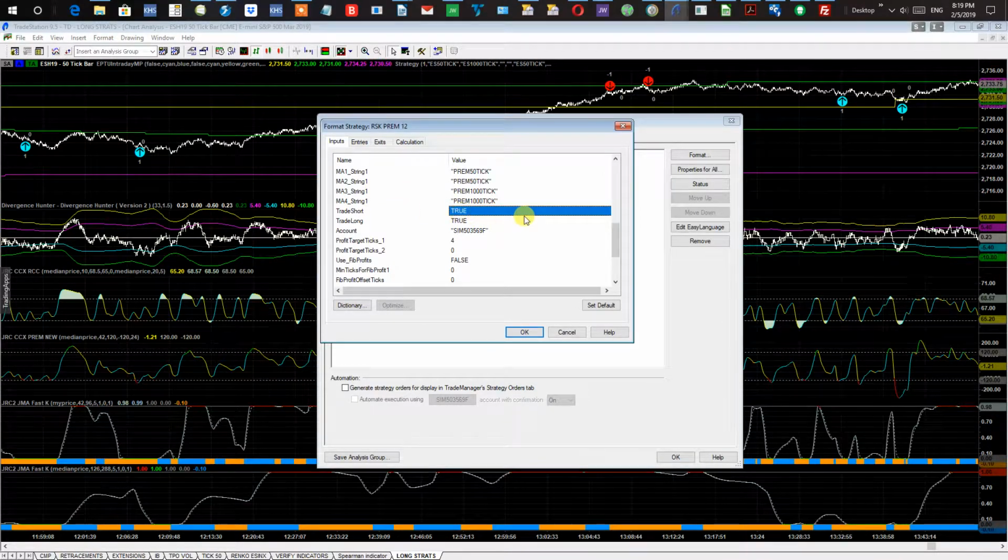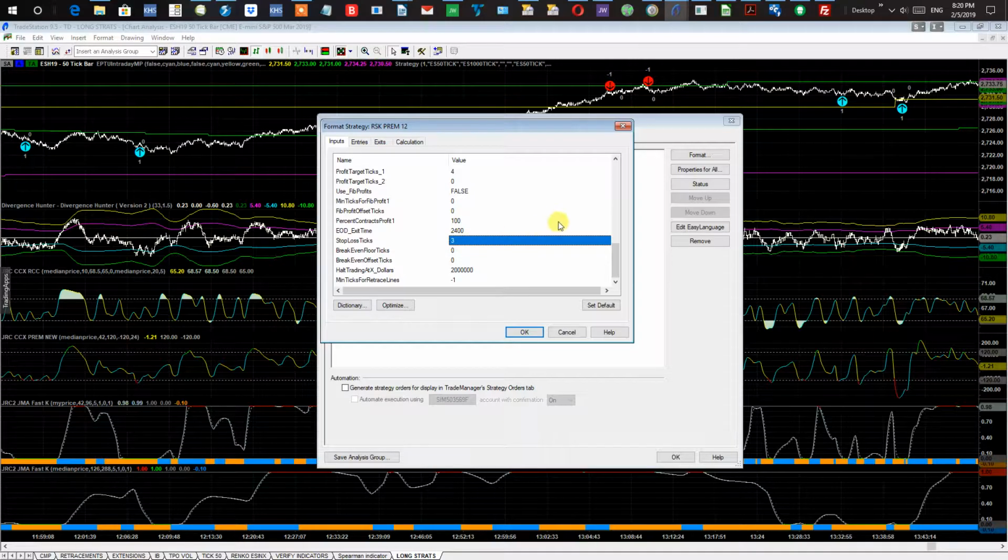We can establish whether we want this strategy to trade in one direction or both. We can establish profit targets and split those profit targets according to your personal desires. We can set up our stops.